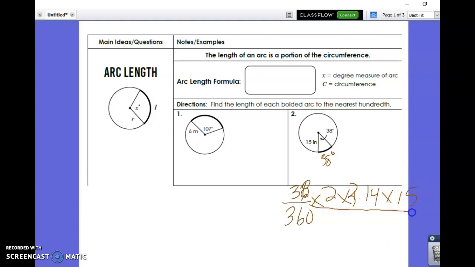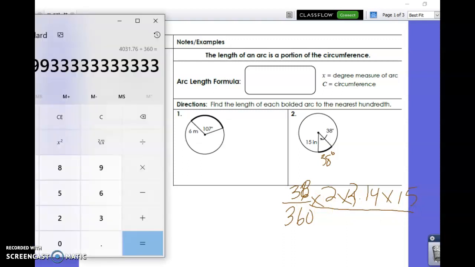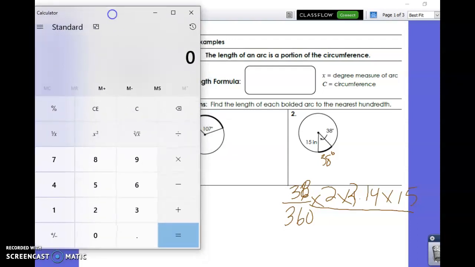Now we multiply the whole top and then divide by 360. Let's grab a calculator again. So this is going to be 38 times 2 times 3.14 times 15.